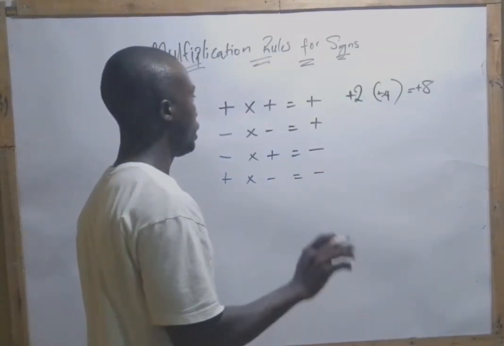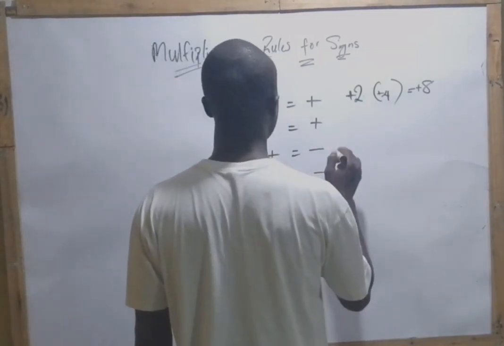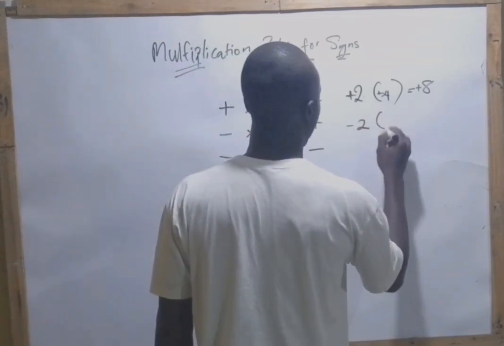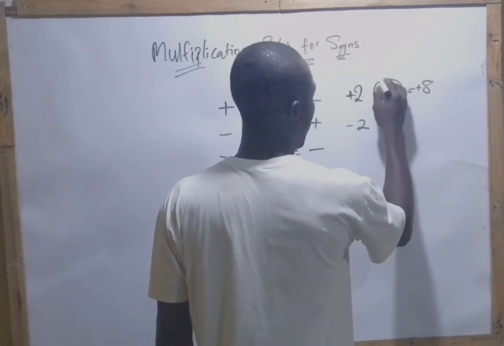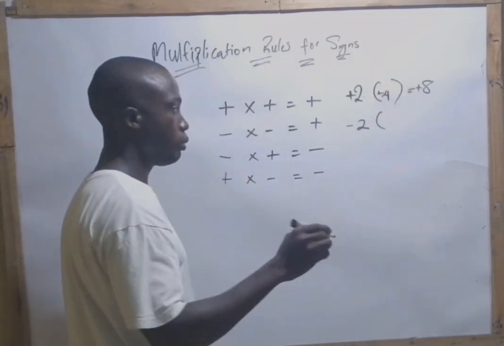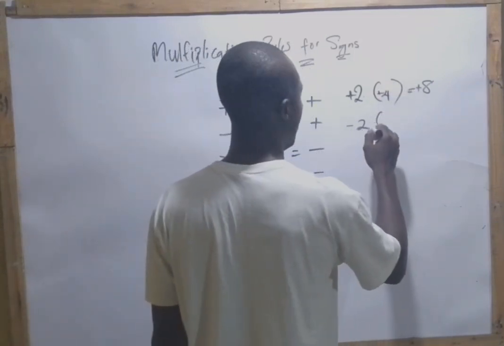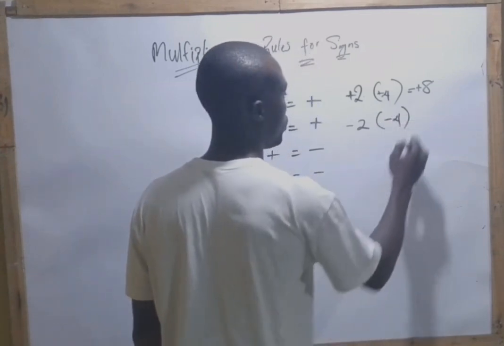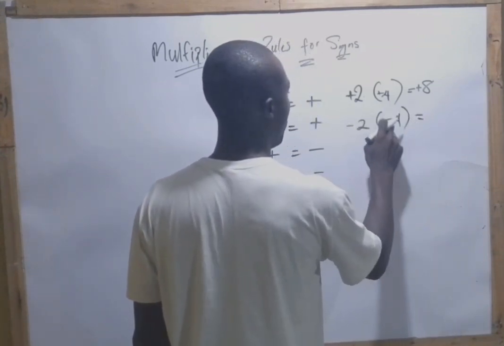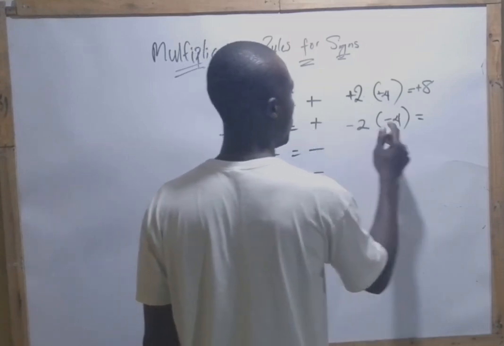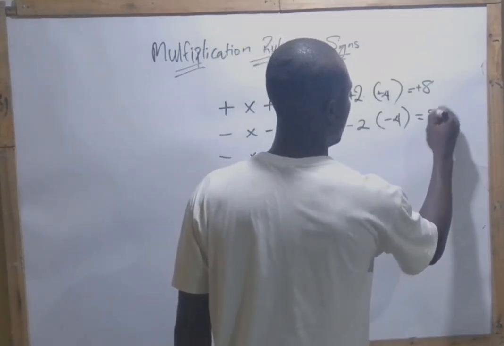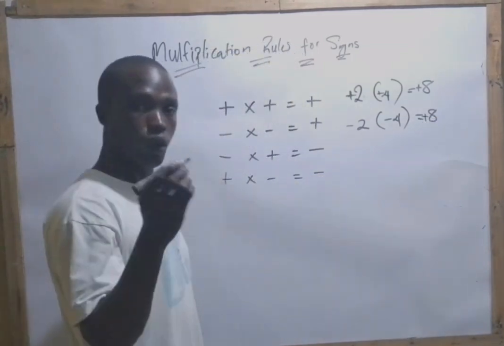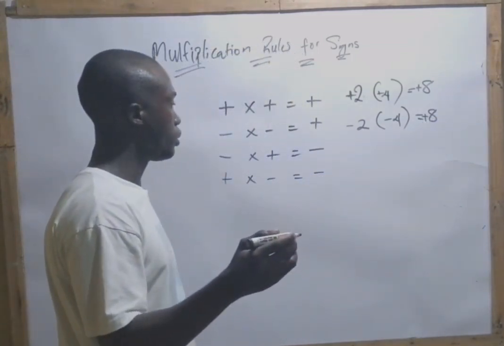Also, if you say minus 2 into bracket minus 4, where the bracket simply stands for multiplication, minus times minus will give us plus. So it is 8, still having plus in front of it.